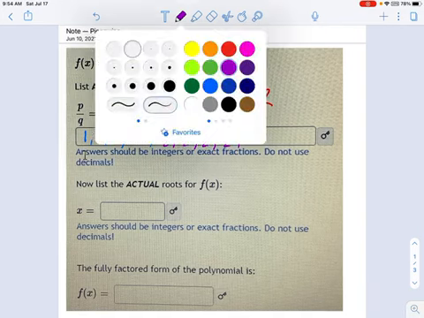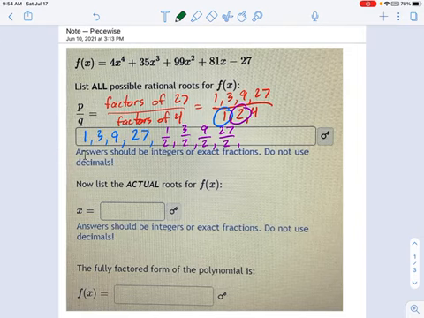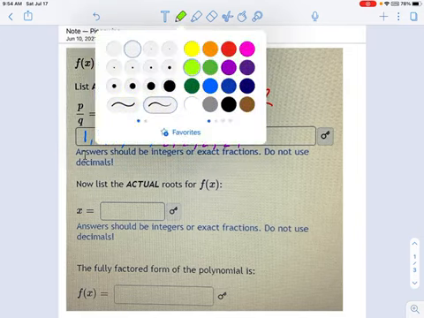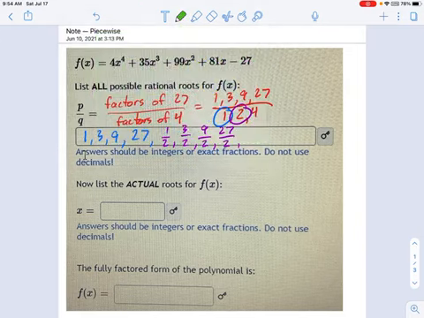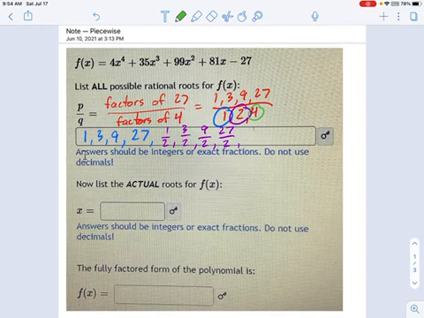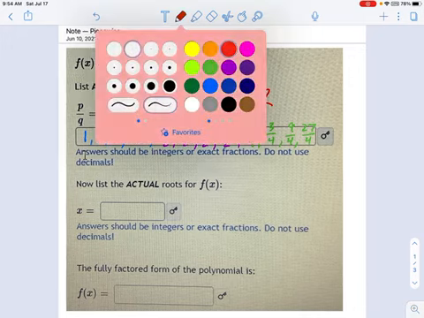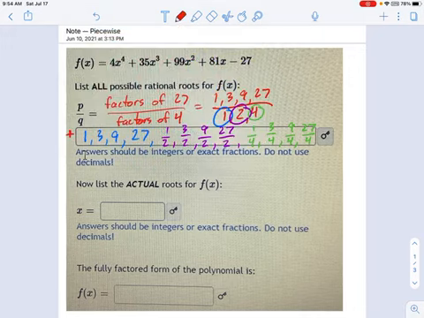And my last color, let's go with obnoxious green. So divide everything by 4, and I have 1/4, 3/4, 9/4, and 27/4. Okay, and don't forget, at the very front of this, you have plus and minus.